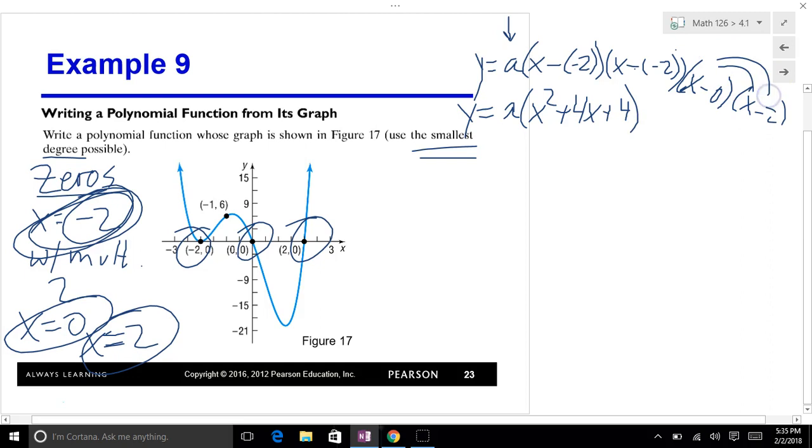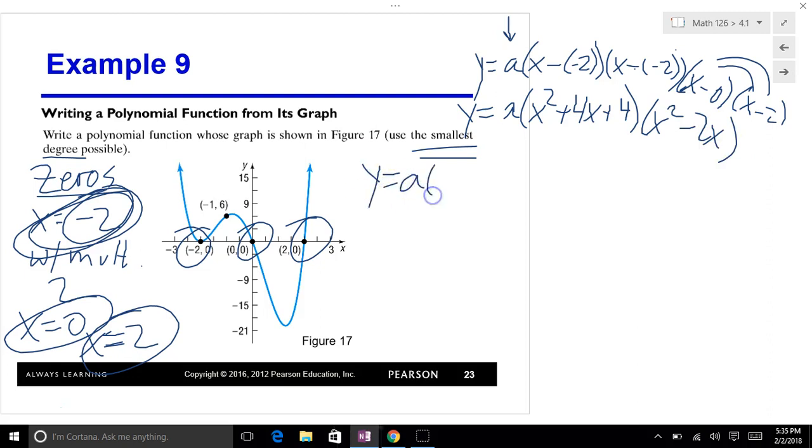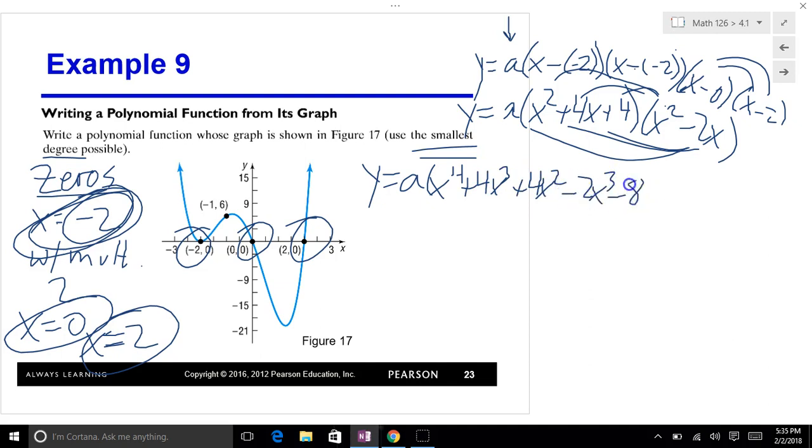I'm going to distribute that x through. So I've got x squared minus 2x. And now let me bring it over here a little bit. I'm going to take this x squared to everybody, and then I'm going to take the negative 2x through to everybody. So I've got x to the 4th, plus 4x cubed, plus 4x squared, minus 2x cubed, minus 8x squared, minus 8x.